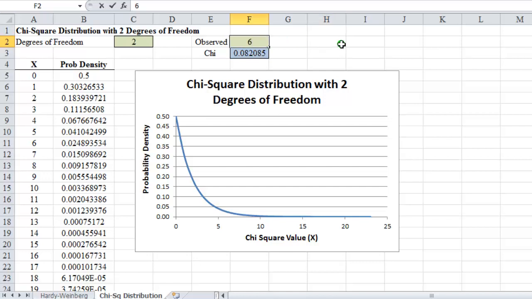But if we observed a 6, well, now we're at that magical number. It falls below the 0.05 cutoff. 4% or almost 5% of the area under this curve is to the right of the number 6, and the other 95% falls to the left.